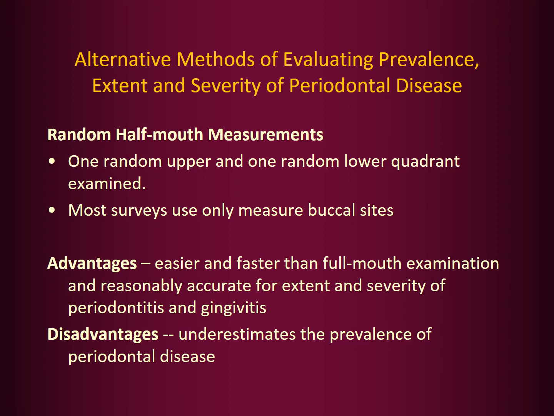If you, in fact, don't measure the disease at those sites, then it becomes much more difficult to get an accurate picture of how much damage is taking place in an individual's mouth. So that's one of the downsides that one has to evaluate when doing a random half-mouth.